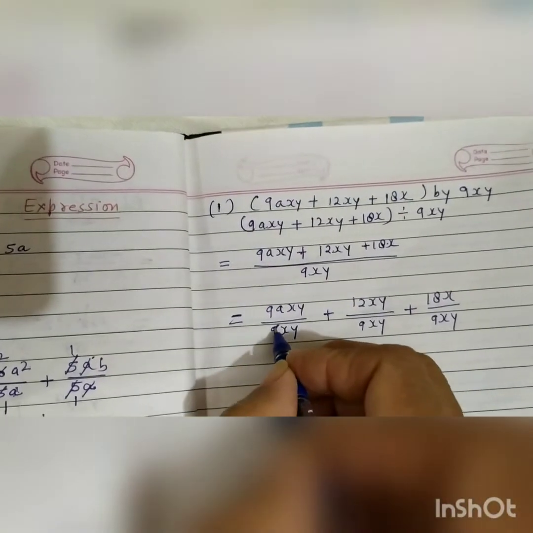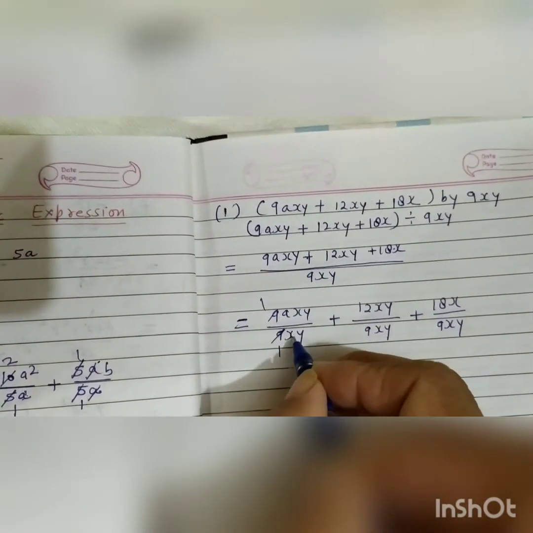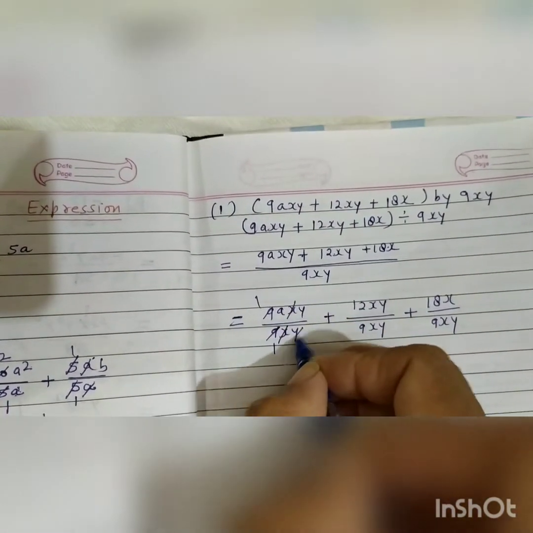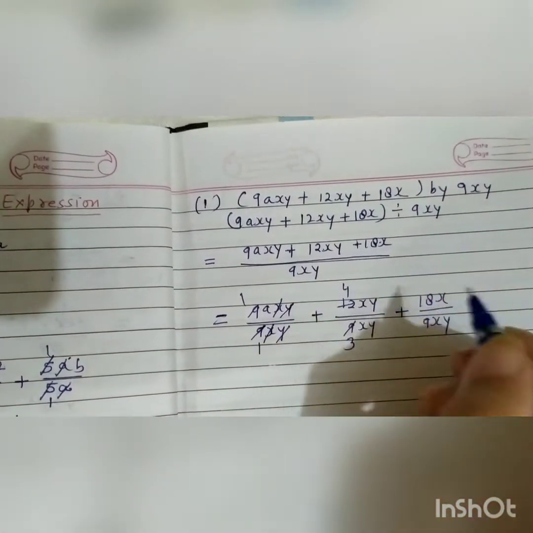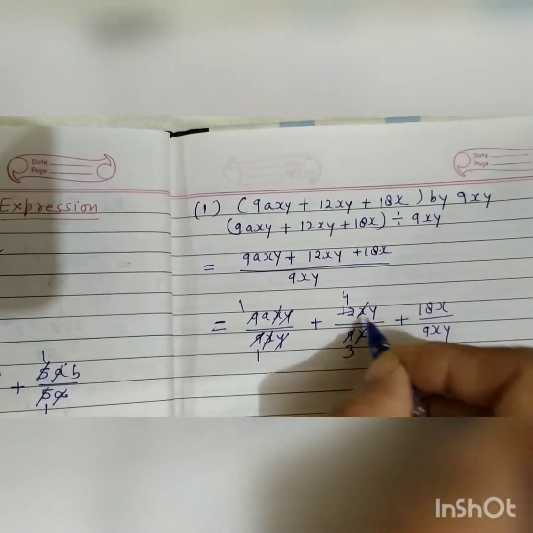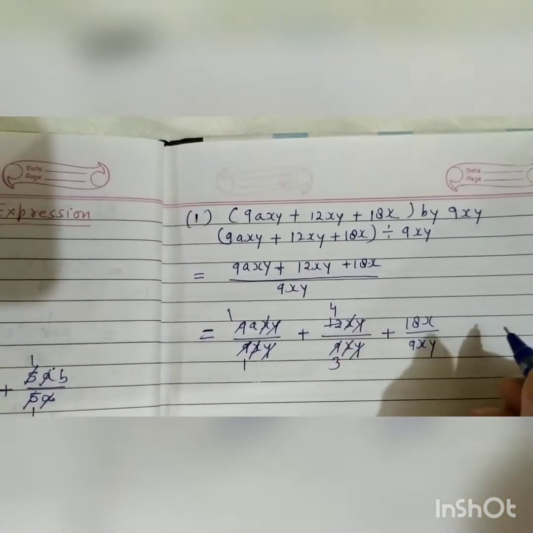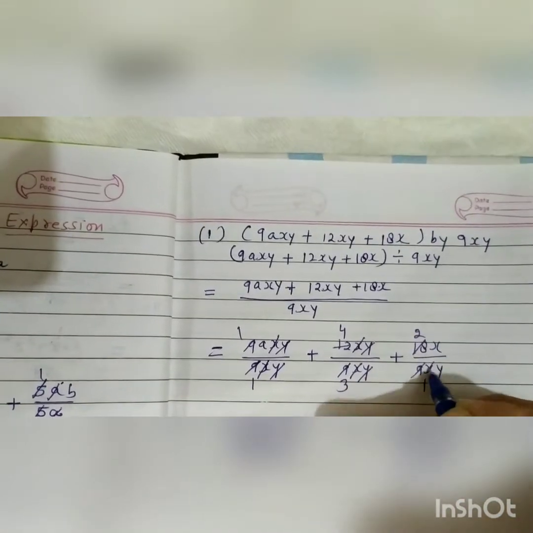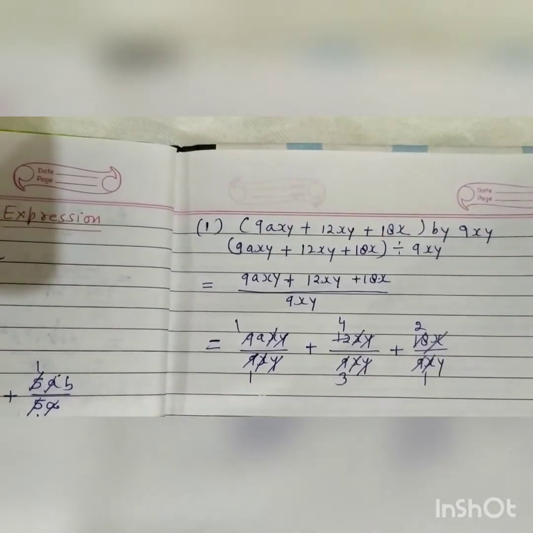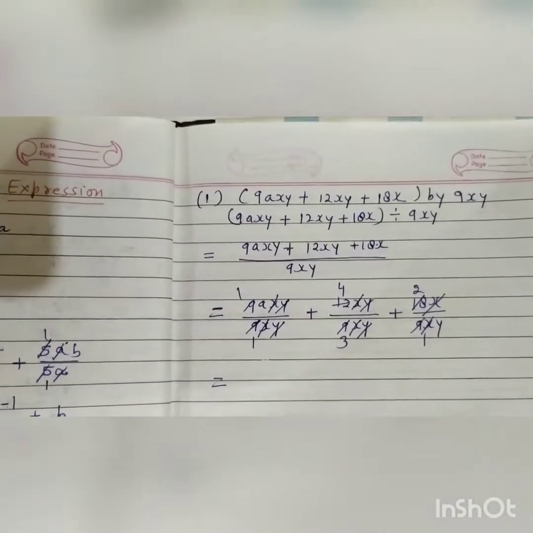Simplify. 9 ones are 9, 9 ones are 9. X and x cancel, y and y cancel. 3 threes are 9, 3 fours are 12. X cancels, y cancels. Plus 9 ones are 9, 9 twos are 18. X cancels.